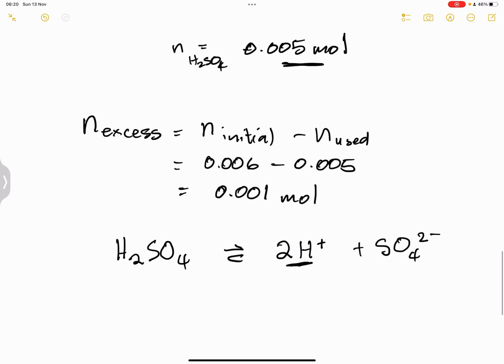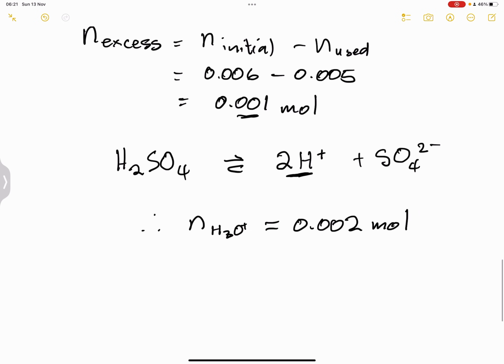For every 1 mole of sulfuric acid, you get 2 moles of hydronium ions. So the number of moles of H3O+, don't be alarmed when I say H3O+, remember H+ and H3O+ are exactly the same thing, will be twice the amount I have in excess. So that will be 0.002 moles.